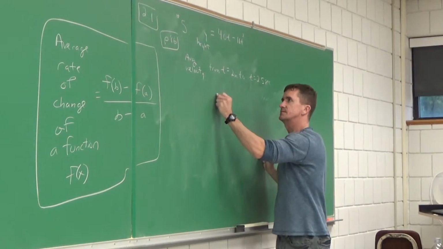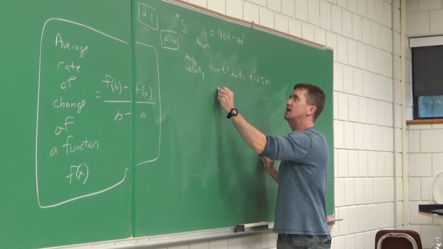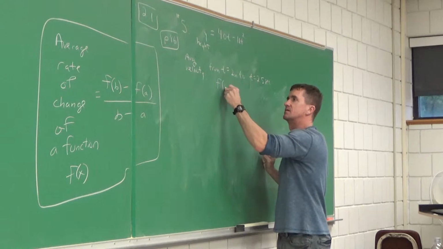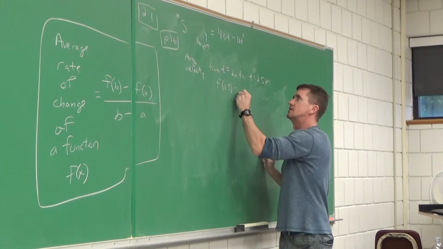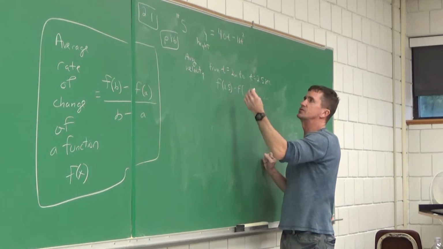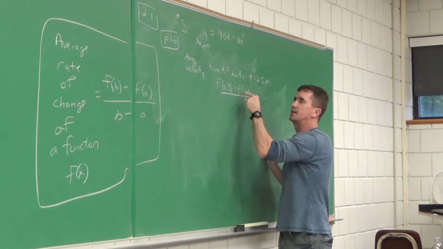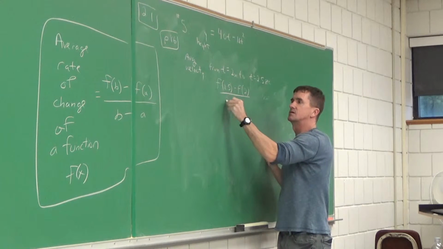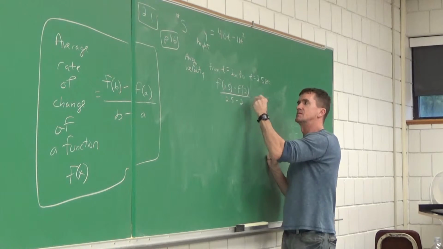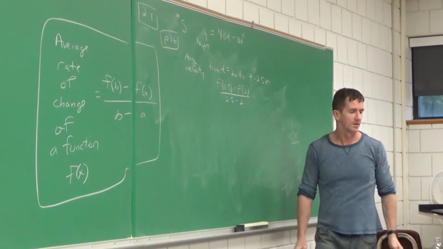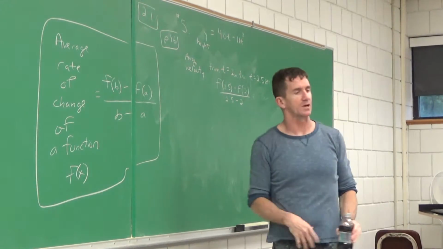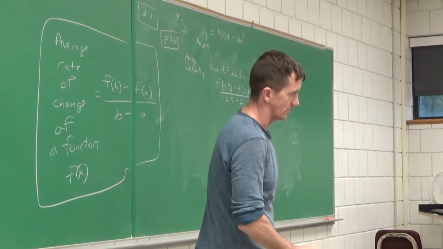All right, let's do it. f of b minus f of a all over what? Everyone feel free to use your calculators if you want. f at 2.5 minus f at 2 all over 2.5 minus 2. My rule of thumb is if two people get the same answer, then I know it's right.